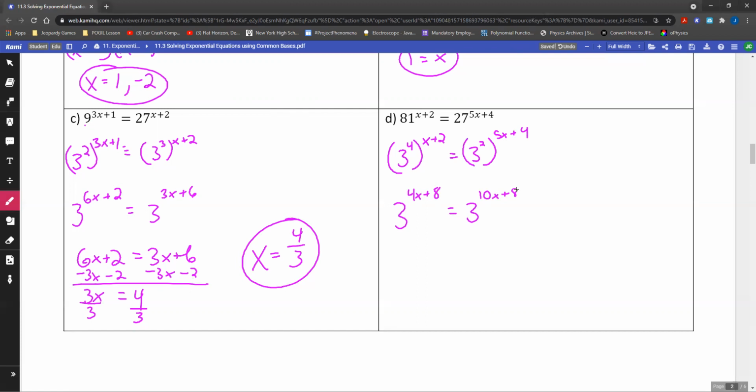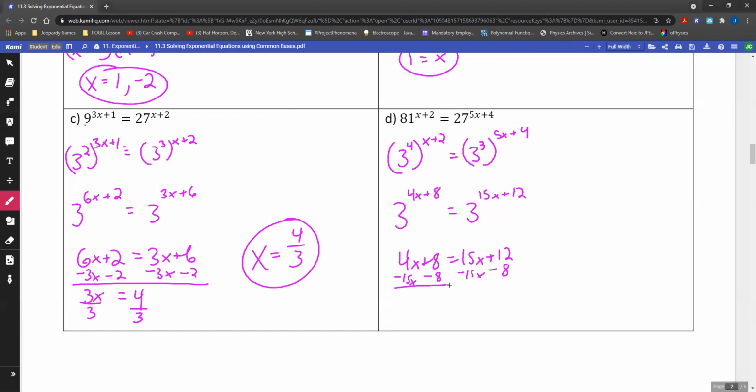Oh wait, sorry, this is cubed. So this becomes 15x plus 12. So now the exponents can be set equal to each other. So subtract the 8 over, subtract the 15 over.